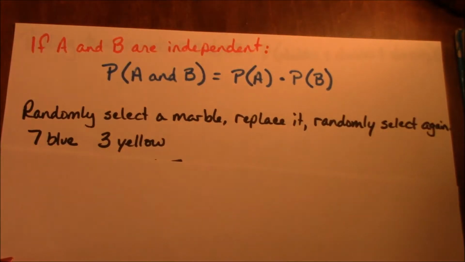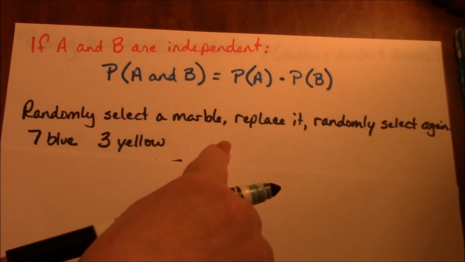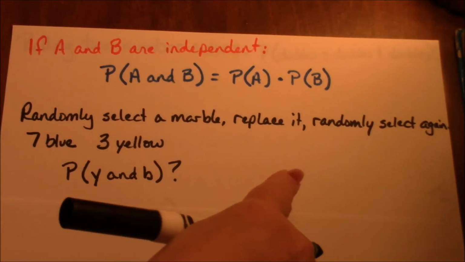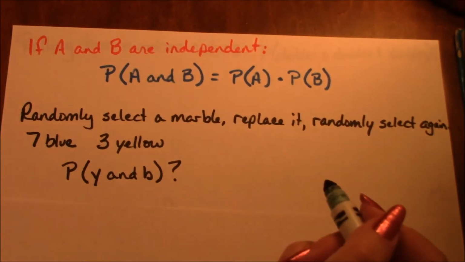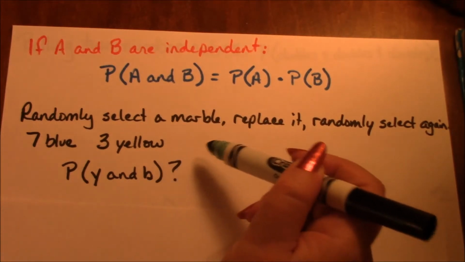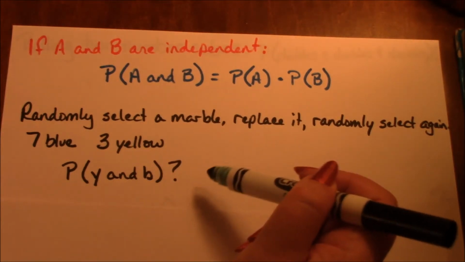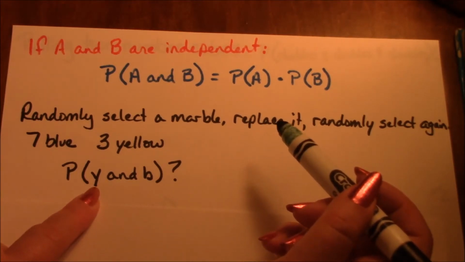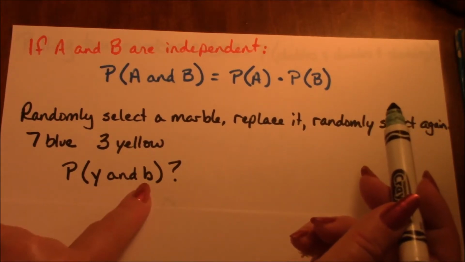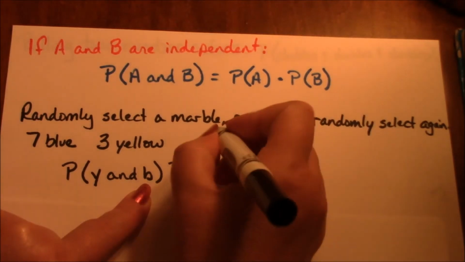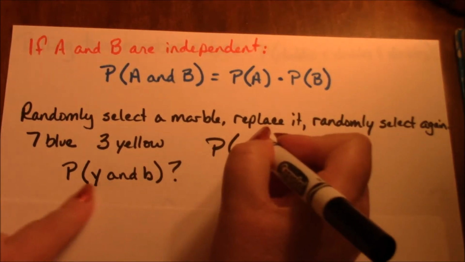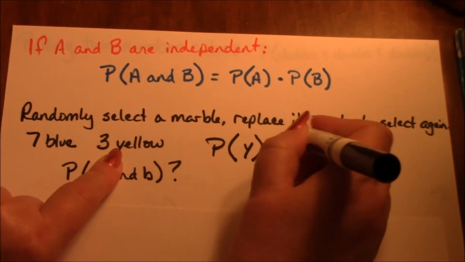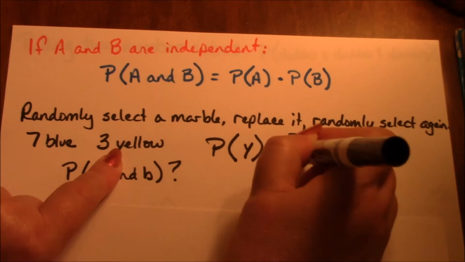So let's try this. We're going to randomly select a marble, we're going to replace it, and then we're going to randomly select again. We've got 7 blue marbles and 3 yellow marbles in a bag of marbles. What is the probability of me pulling a yellow first, putting it back, and then pulling a blue? Well, the probability of me pulling a yellow first is going to be 3 out of a total of 10.